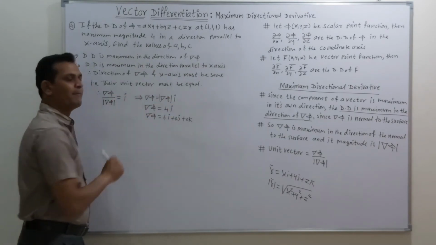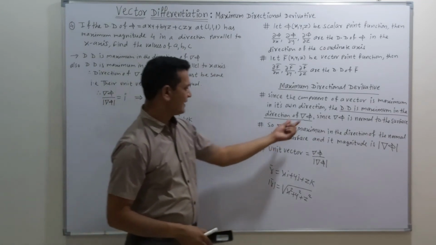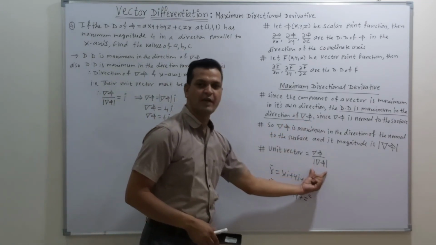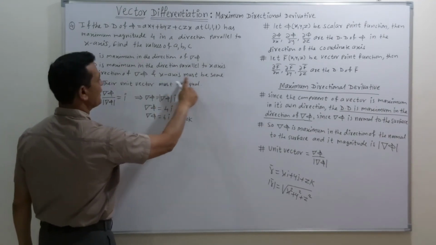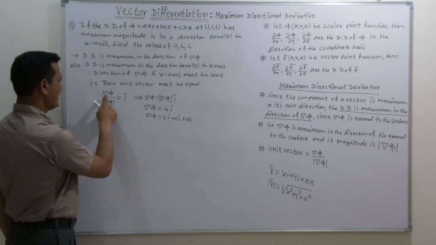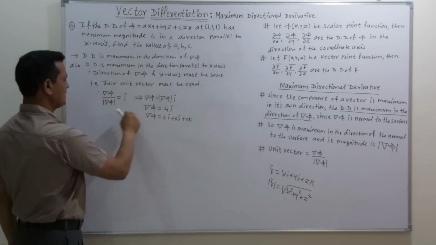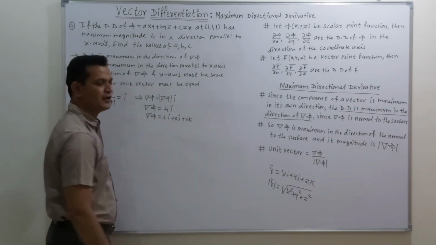So their unit vectors must be equal. The unit vector of del phi is del phi upon magnitude of del phi, and this must be the same as the unit vector of the x-axis, which is denoted by i. Therefore we can write del phi is equal to the magnitude of del phi into i.